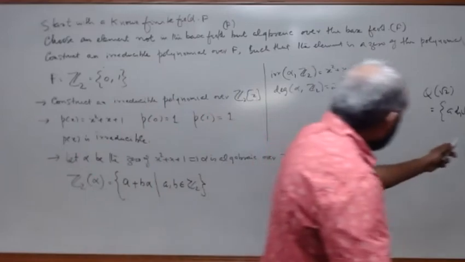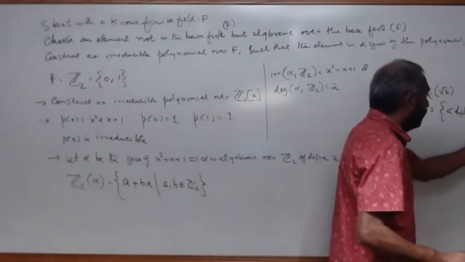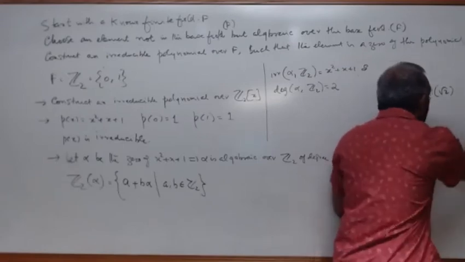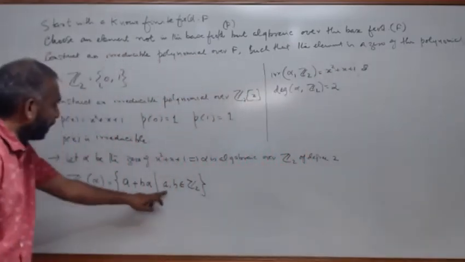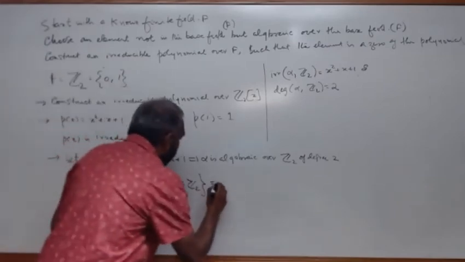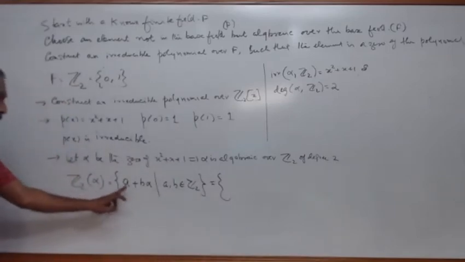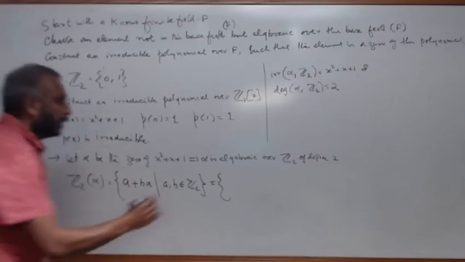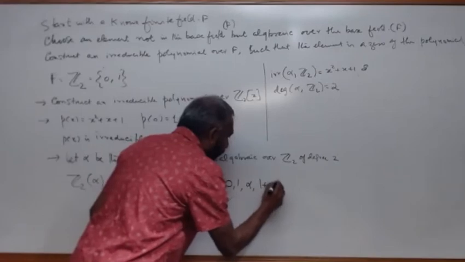But there A and B are infinite in number. They can be anything in Q, and Q is an infinite set. But in this case, A and B are from Z2, so the set Z2(alpha) is finite. You put values of A and B as 0 and 1. So you get 0, 1, alpha, 1 plus alpha.